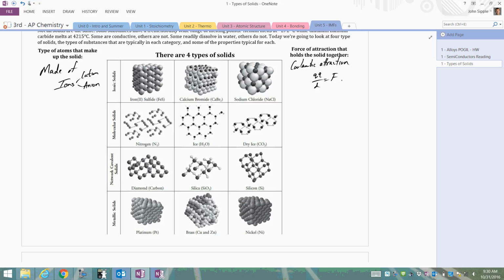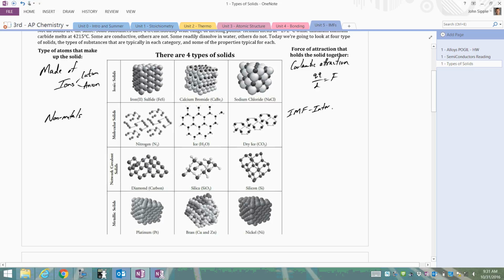When it comes to molecular solids, you're looking at pretty much nonmetals, everything over on the right-hand side. The attractions holding these together are the intermolecular forces, the IMFs, and we're going to talk about those.